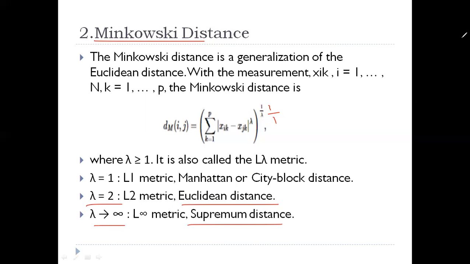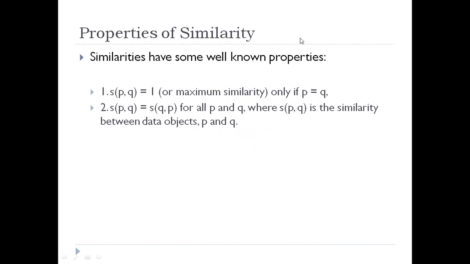Coming to some properties of similarity and dissimilarity. First, the similarity properties. The first one is S of P comma Q equal to 1. It reaches the maximum similarity only if P equals Q. If P and Q are both the same, then they are represented by 1, which means the two have maximum similarity.